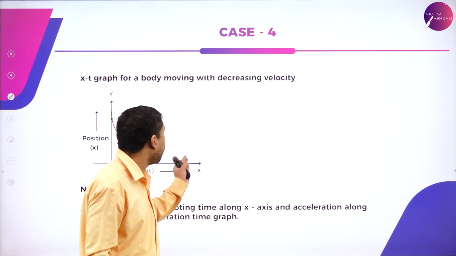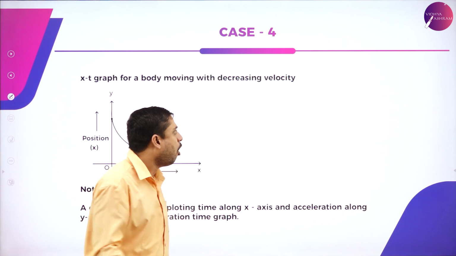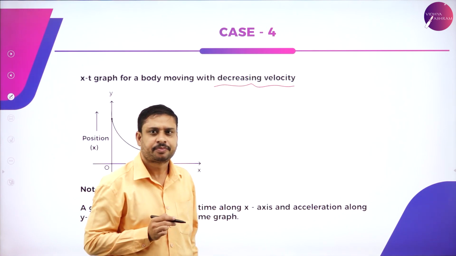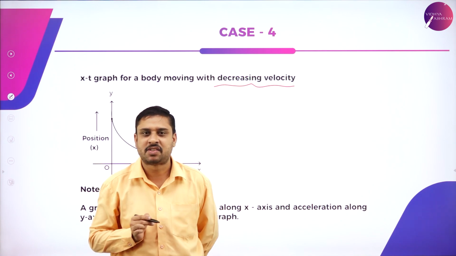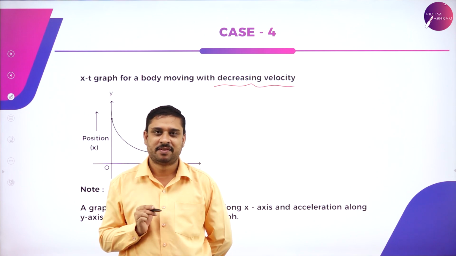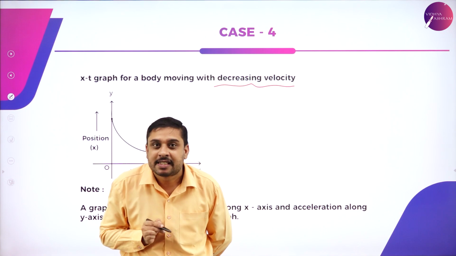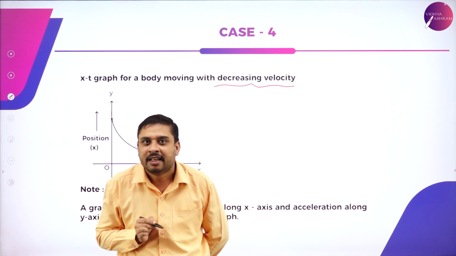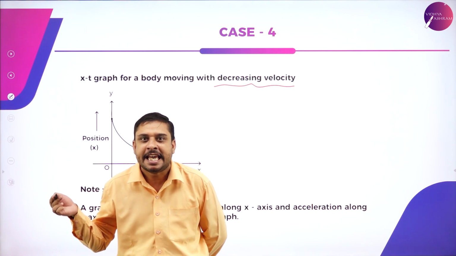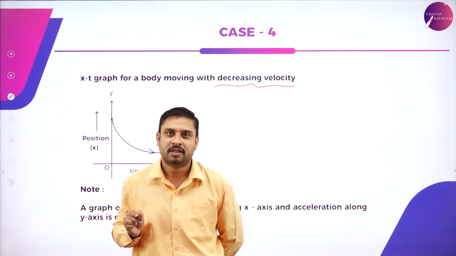Next, naturally, this is the XT graph for a body with decreasing velocity. My dear students, what was the significance or importance of the velocity time graph? The slope of the VT graph gives me the acceleration of the body.